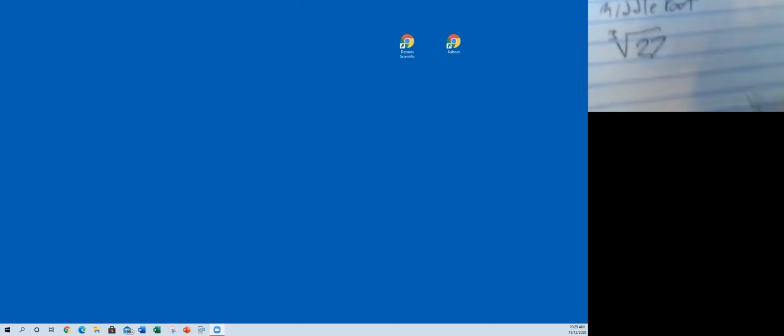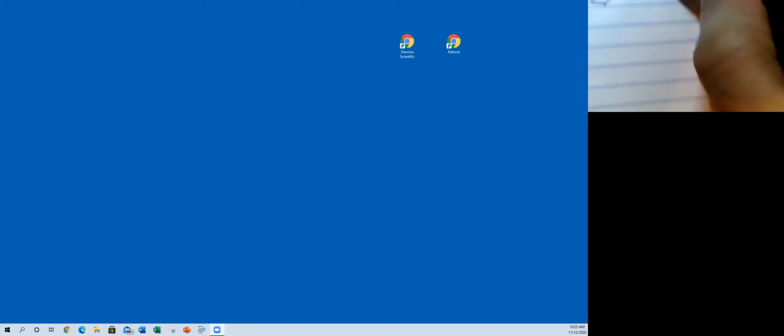We're at 27. And so we're gonna convert this to a middle root. And so, let's see here, 2 cubed is 8. 3 cubed is 27.